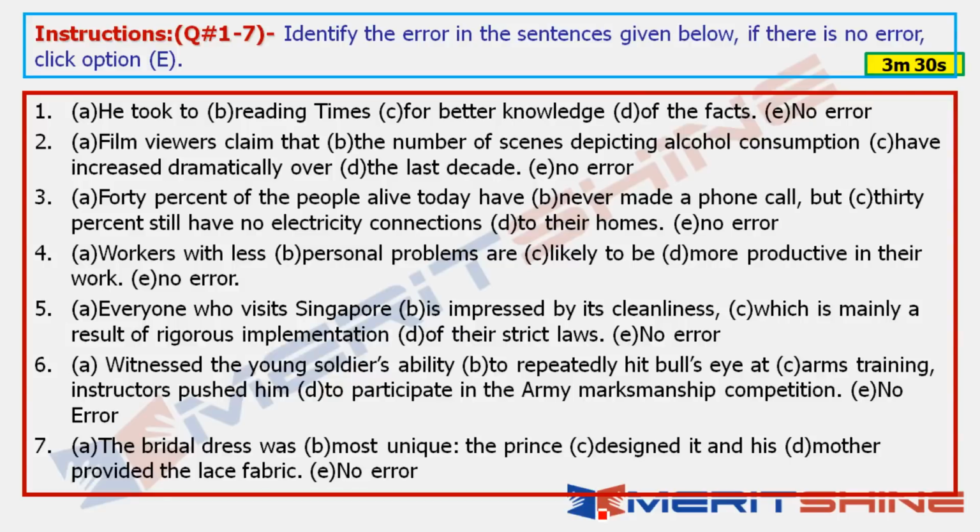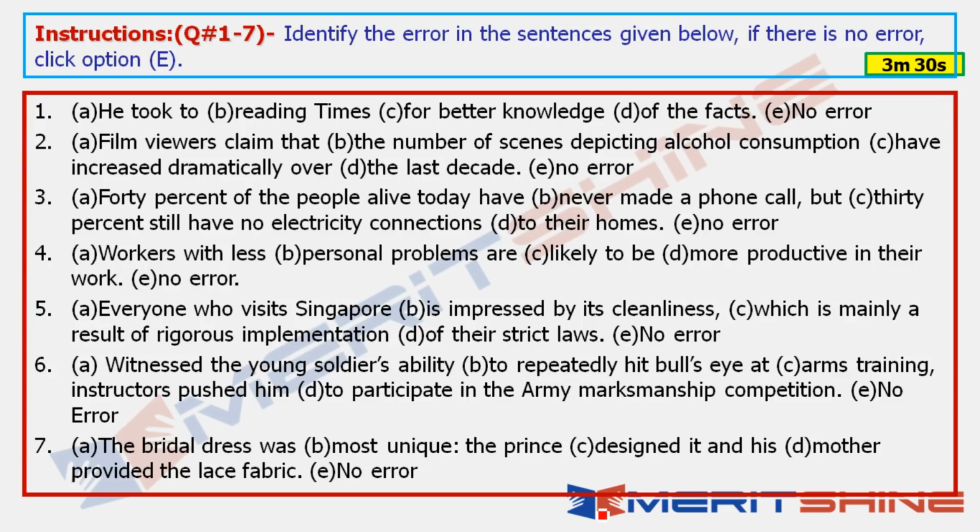The first set of questions, 7 questions, is there on your screen. The instructions are given. You get 3 minutes 30 seconds to do these 7 questions. So what you are supposed to do now is pause the lecture for 3 minutes 30 seconds and attempt these questions.